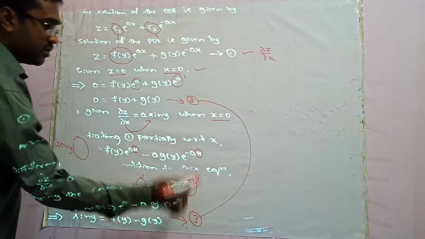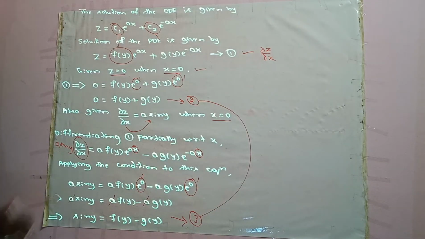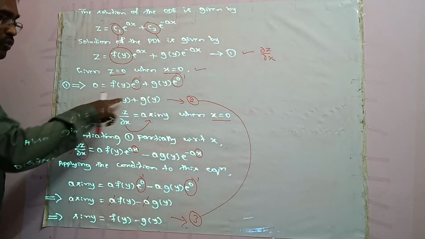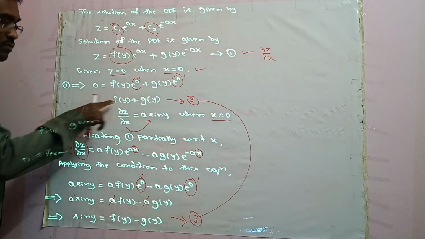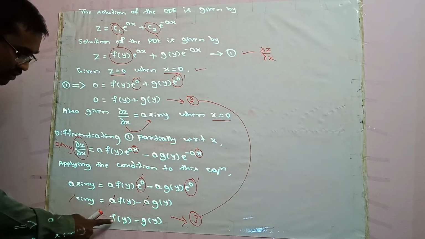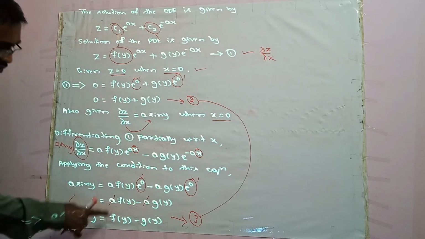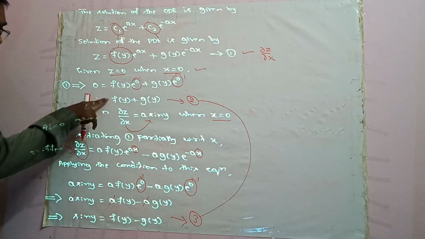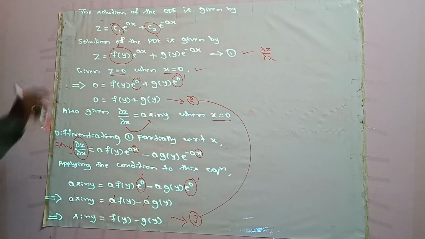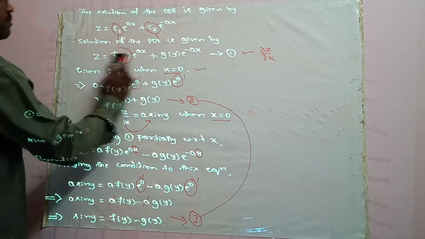Equation 2 is here, equation 3 is here. See here, in equation 2 we have two unknowns, that is f and g. In equation 3 also we have two unknowns, f and g. If we solve these two equations simultaneously, you can find what is f of y and g of y. Let us find now.